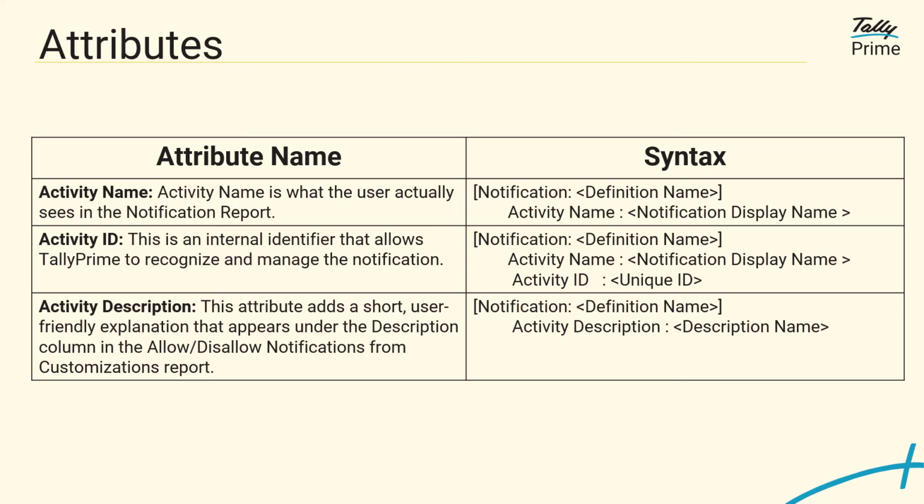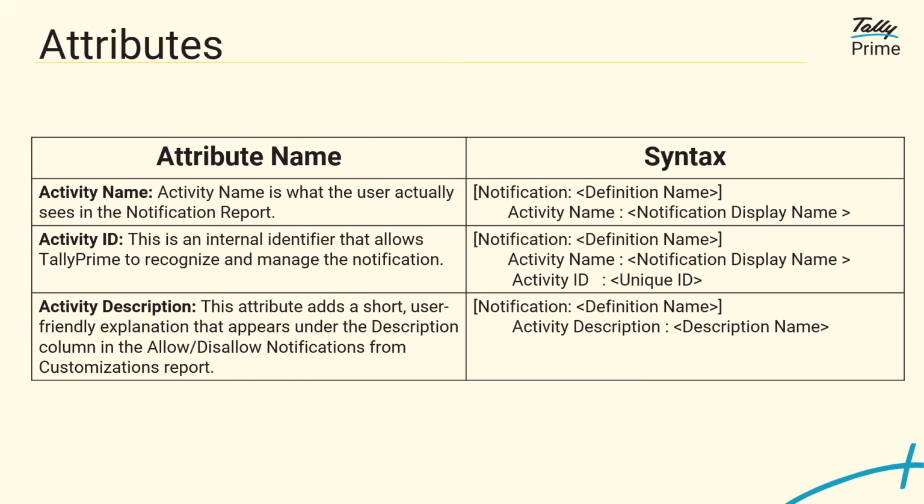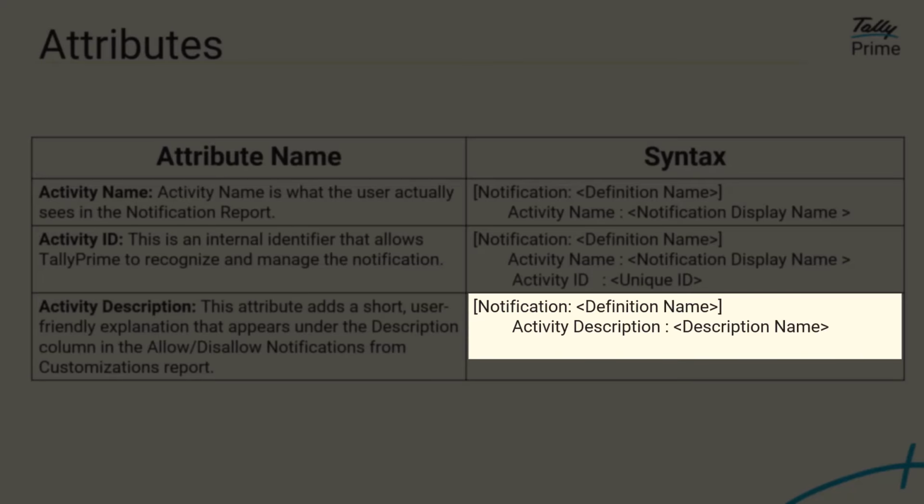This attribute adds a short, user-friendly explanation that appears under the description column in the allow or disallow notifications from customizations report. It's a small but important detail that helps users understand the purpose of the notification before deciding whether to allow or disallow it. This is a mandatory attribute. The syntax for this is shown on your screen.